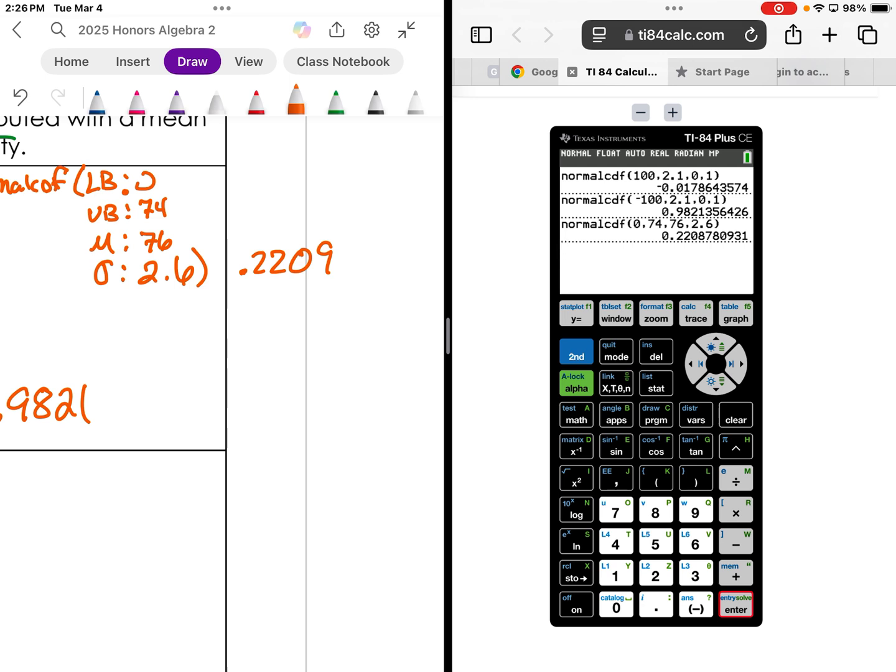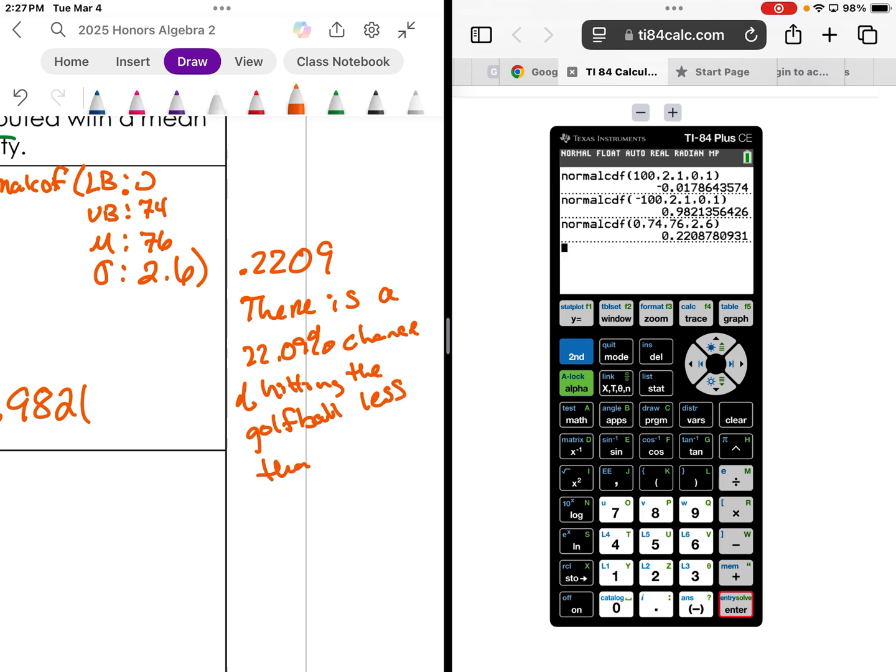So in the context, there is a 22.09% chance of hitting the golf ball less than 74 yards.